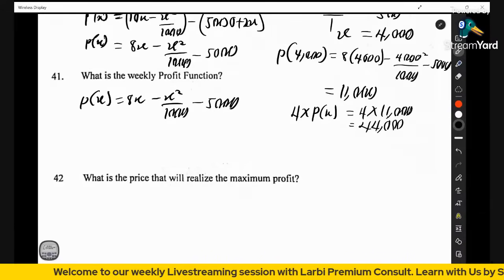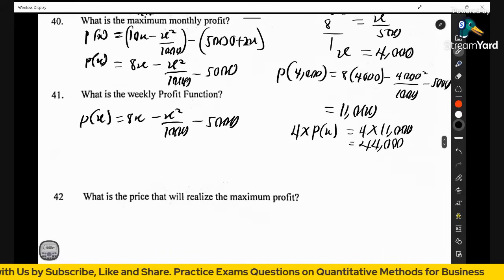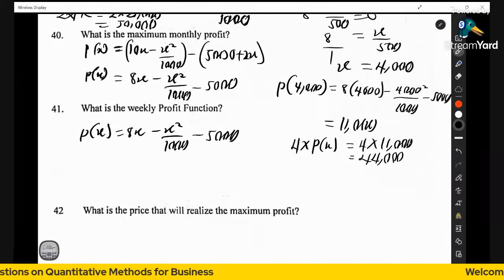So what is the price that will realize the maximum profit? Meaning that we need to take into account the value of x when we're finding the maximization of profit using the profit function.